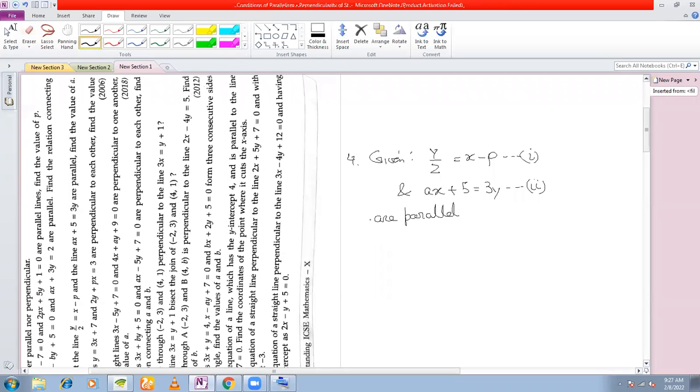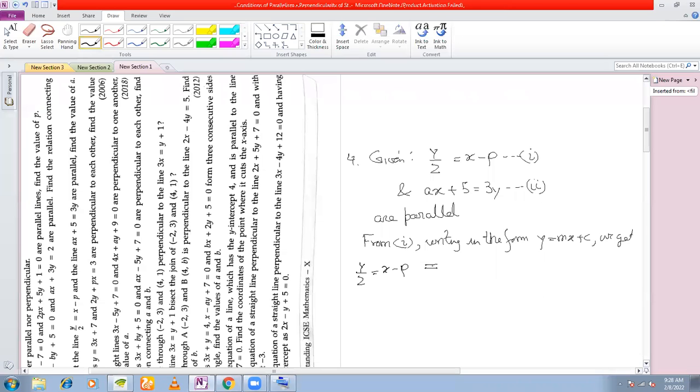Now see, first of all, you need to find out the slope of the two straight lines. From 1, you write the first equation in the form y is equal to mx plus c. We get y by 2 is equal to x minus p.